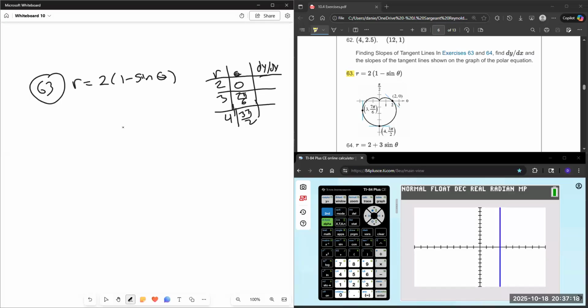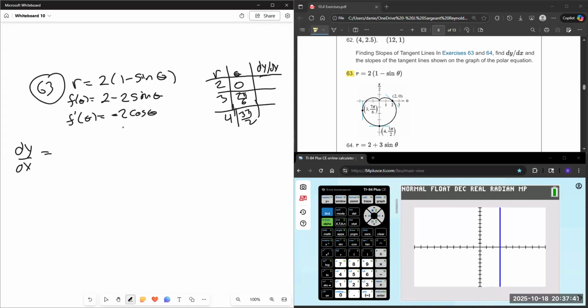So dy dx has a, we'll call this f of theta, is 2 minus 2 sine of theta. f prime of theta is negative 2 cosine of theta.